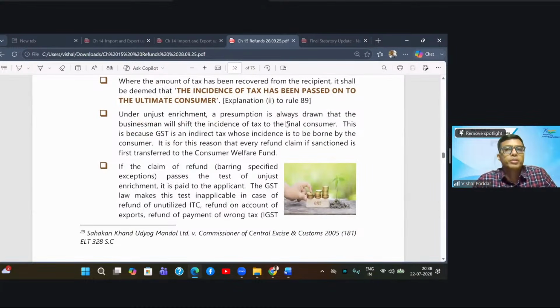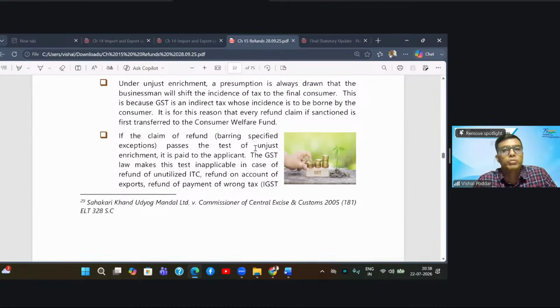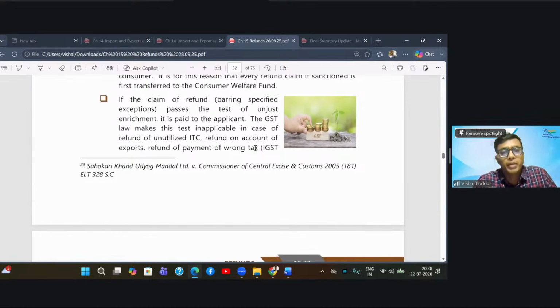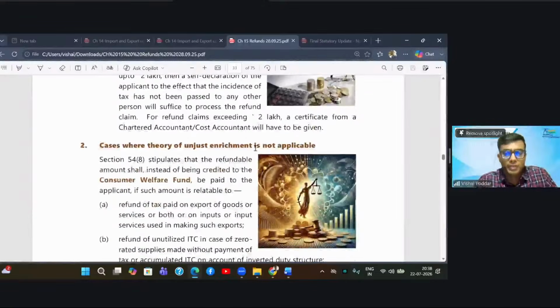Under unjust enrichment, a presumption is always drawn that the businessman will shift the incidence to the final consumer. We all know this is the assumption. This is because GST is an indirect tax whose incidence is to be borne by the consumer. It is for this reason that every refund, if sanctioned, is first transferred to the consumer welfare fund, because we presume that ultimately it is borne by the consumer or the recipient.